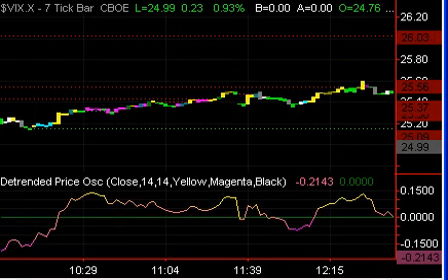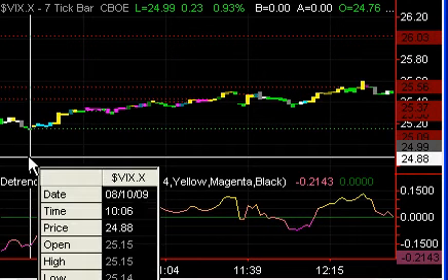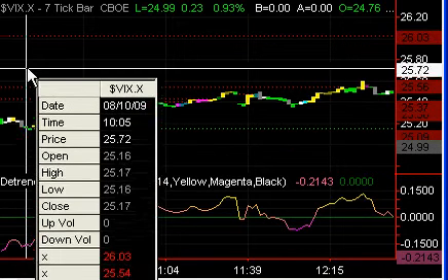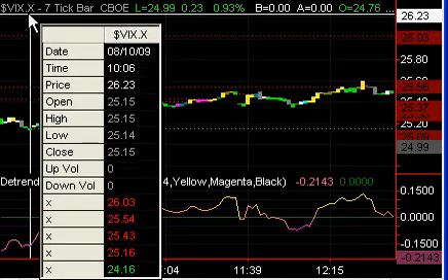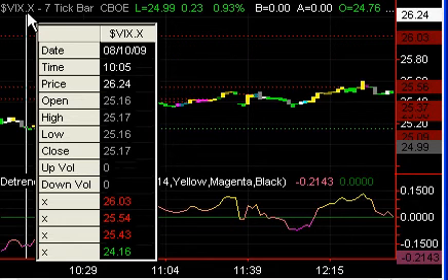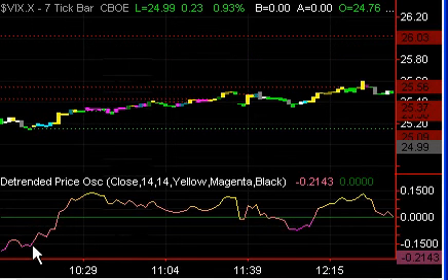That short trade ultimately comes to fruition about 10:06. Let's get that up here. 10:05, 10:06 on the 10th in Central Standard Time. It was as plain as the nose on your face by simply looking at the DPO.